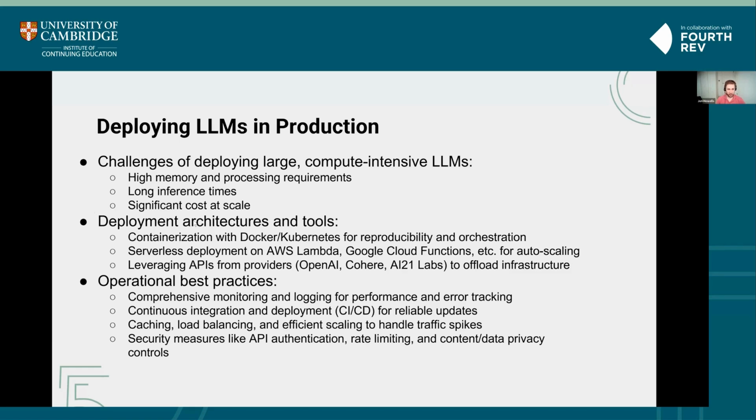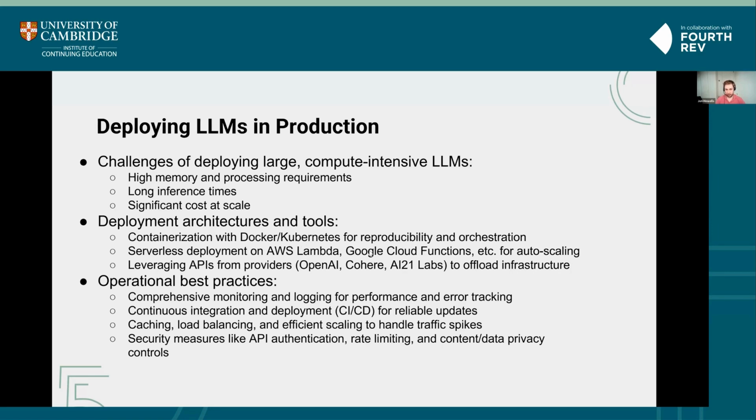Then different deployment architectures. This gets more onto the software engineering and DevOps side, but you may want to deploy a solution with something like Docker or Kubernetes. You may be using a serverless deployment using something like Google Cloud Functions. Also, the big cloud providers like AWS, Google, and Azure have AI services.